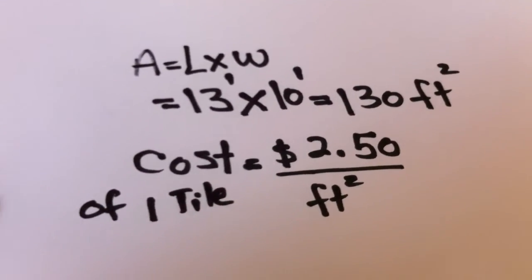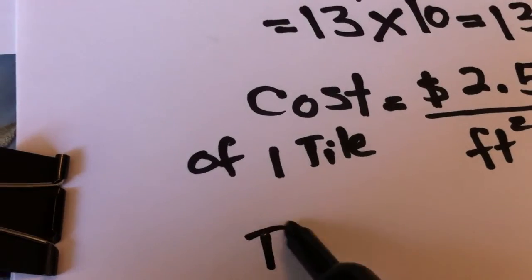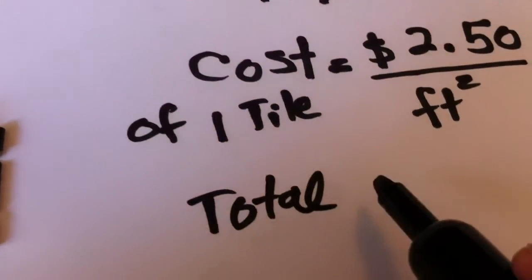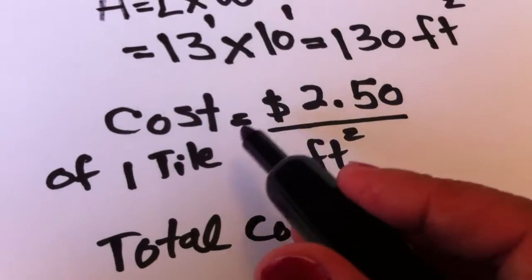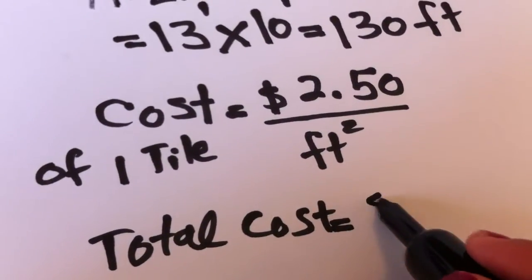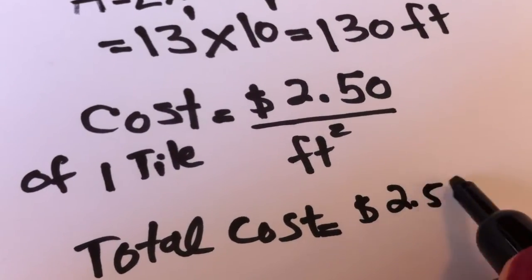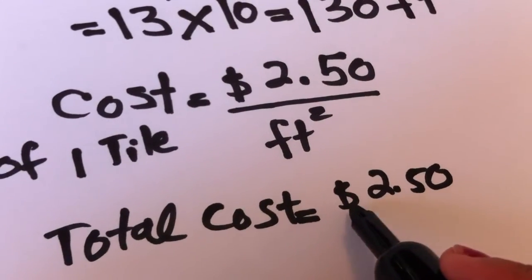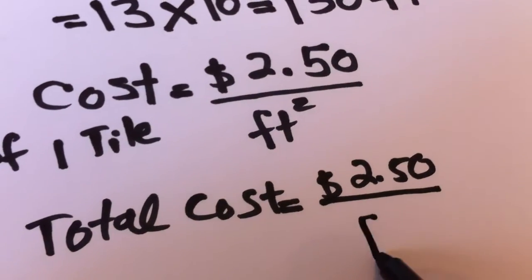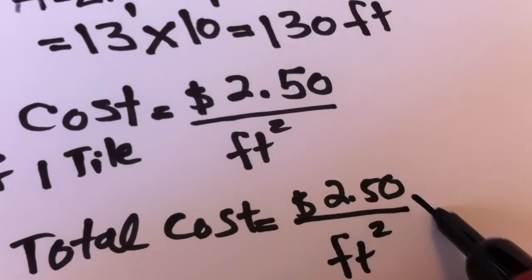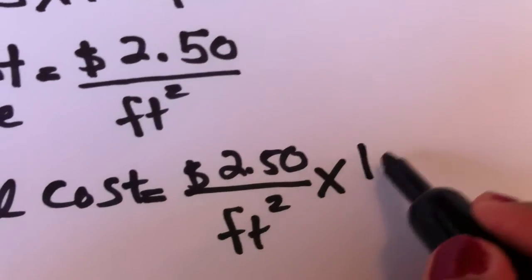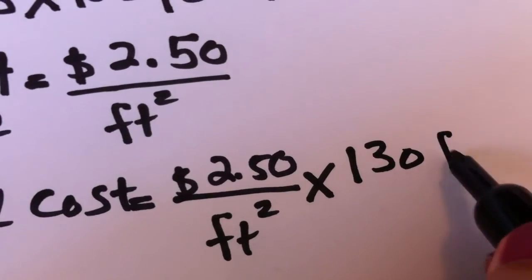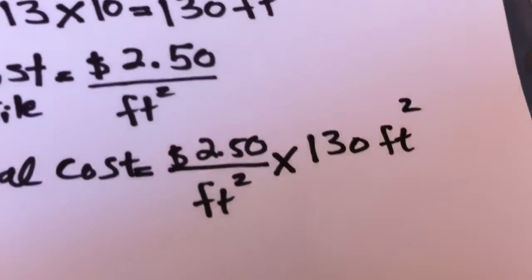So to find the total cost, we have total cost is the cost of one tile, which is $2.50 per square foot, times the area of our floor, which is 130 square foot, right?